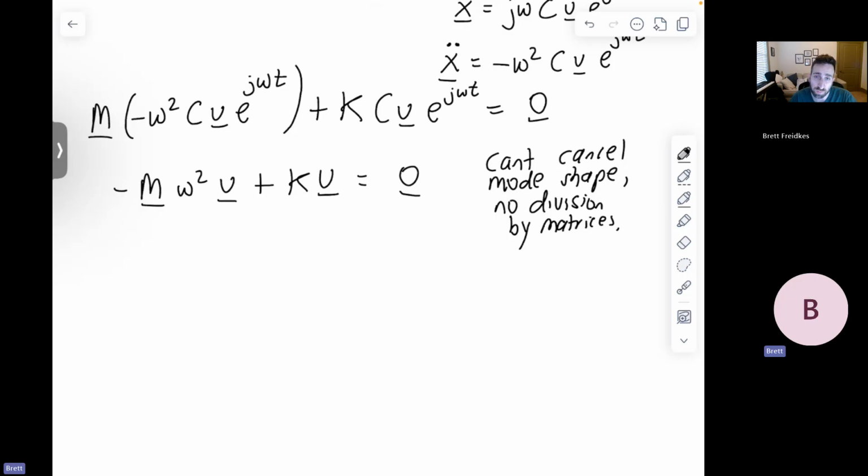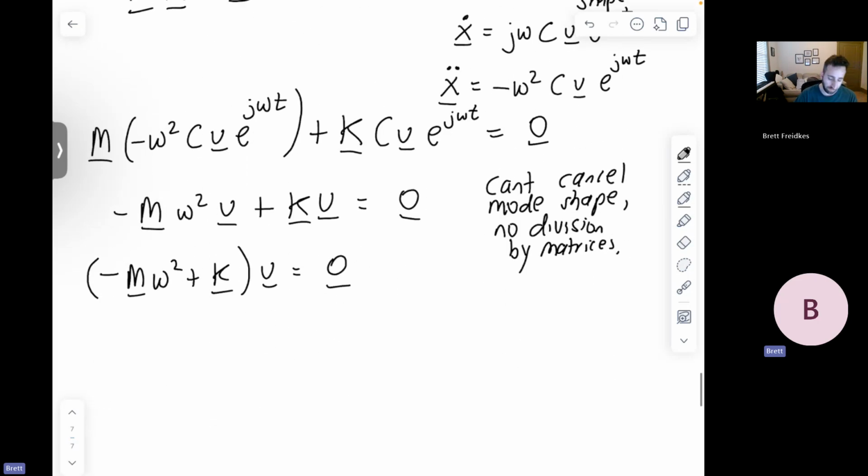And because matrix multiplication order matters, I have to factor out the u to the front, because in this situation the u is being multiplied on the right side of all of those other matrices. Sorry, these k's need lines underneath. Those are all matrices.